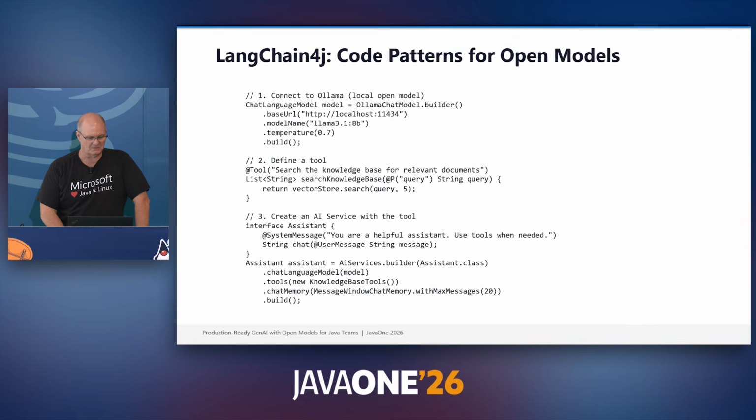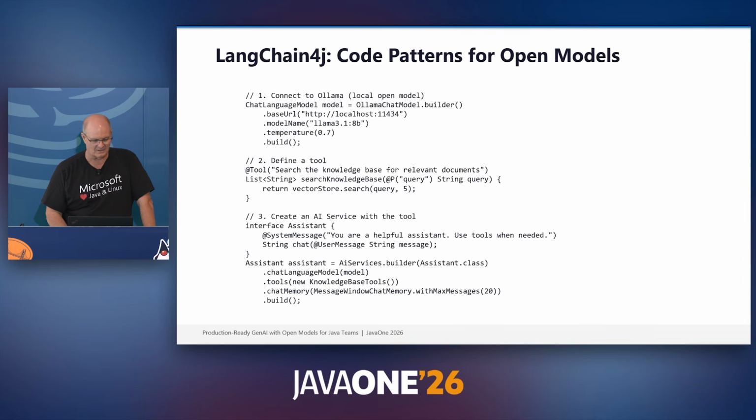And then you can define a tool. Once again, that's a LangChain4j tool, search the knowledge base, and then you can create an AI service with that tool. You just send it a system message, and then the user message gets passed. The system message can be separated from the user message. That's good security because the user doesn't provide the system message, and you can use that for preventing jailbreaks, prompt injection, and other things that go wrong with AI services.